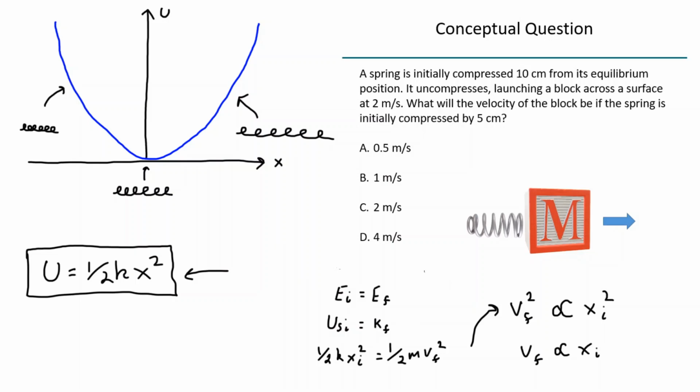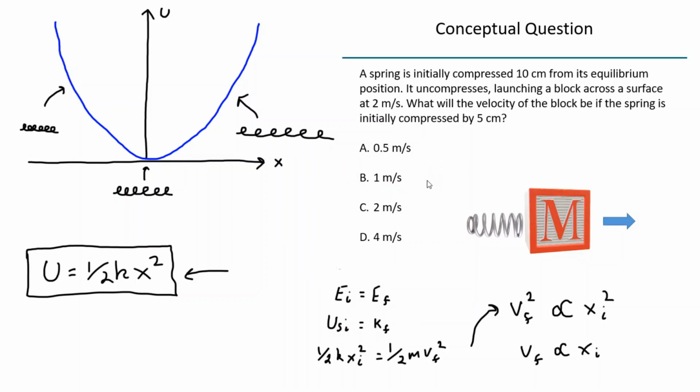So if I compress the spring by half as much, the block should launch with half the velocity. So if I compress the spring by 5 centimeters instead of 10 centimeters, it should come off at 1 meter per second instead of 2 meters per second. Halving the compression of the spring should halve the final velocity of the block. So the right answer is B, 1 meter per second.